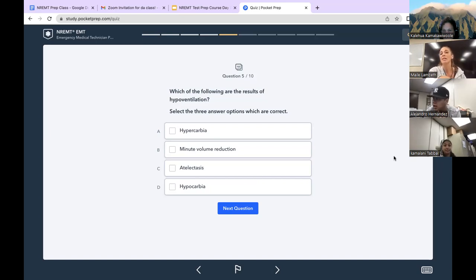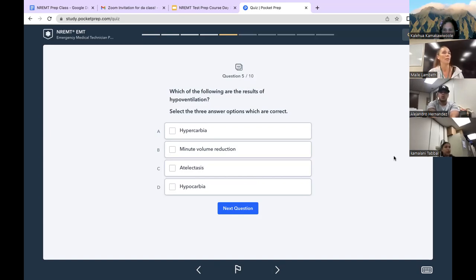Even though it says on here, select the 3 answer options that are correct, you're not going to have anything like that on NREMT. This is just checking knowledge. They're not going to tell you select 3 answers. Everything is going to be a 1 selection. Pocket Prep does this because you guys do need to know what those are, and they'll probably tell you what is the one thing that is not correct. That would be the way they would word it.